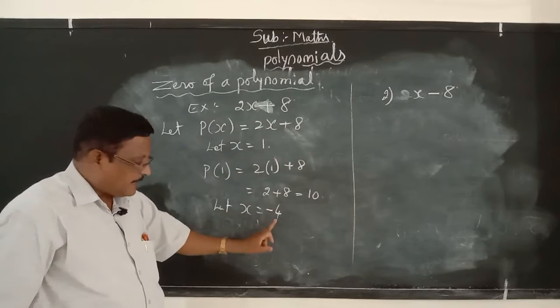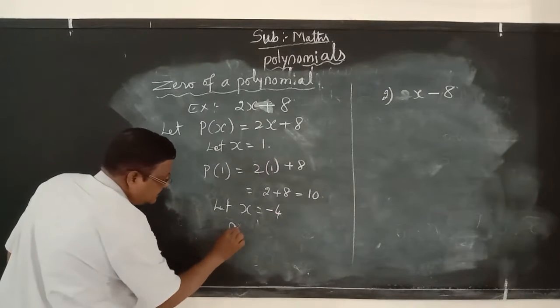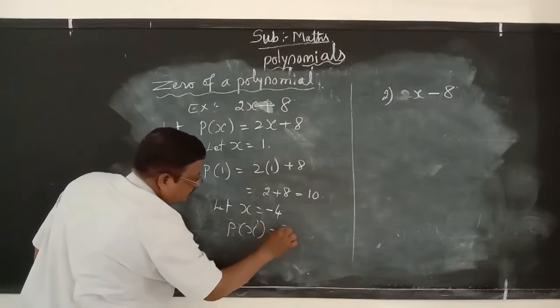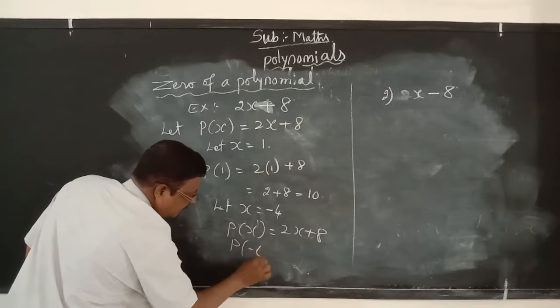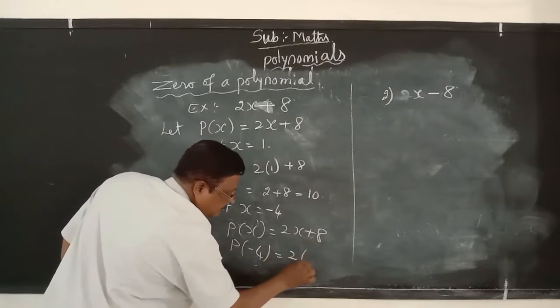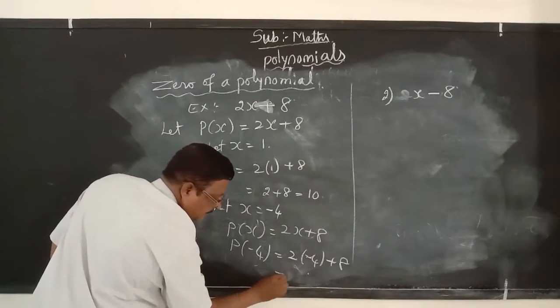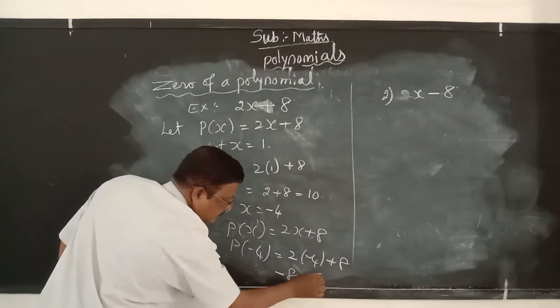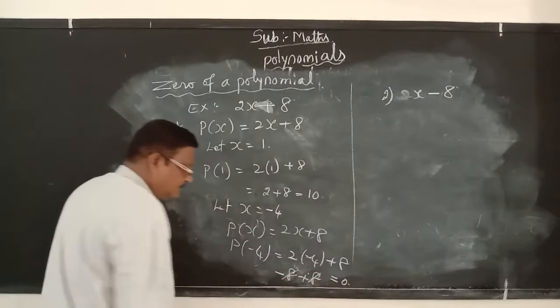Here I am taking minus 4. P of x is equal to 2x plus 8. P of minus 4 is equal to 2 times minus 4 plus 8. Here plus into minus, minus 8, and this is plus 8. Cancelled. It is nothing but 0.